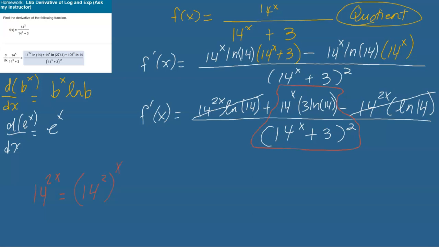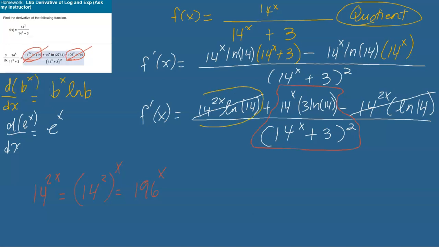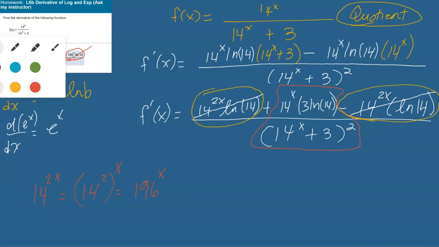You can interchange the x and the 2. So that would be 196 to the x power, which is exactly what this is. So this and that really are the same, just as we can see in this part right here. In my answer, this and this are the same value with opposite sign, so they become 0 when you add them.